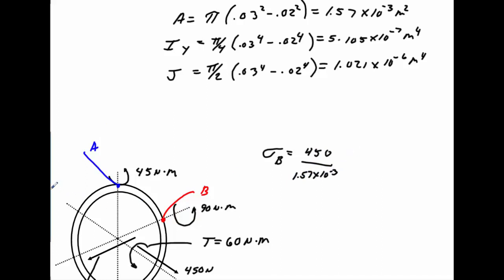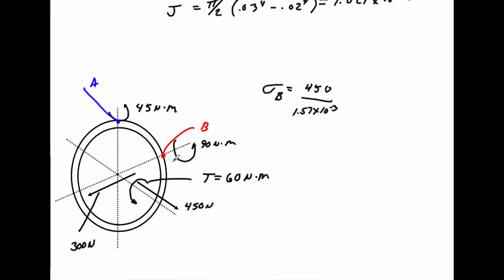And now the moment, you notice here that the moment right here is causing compression around this axis, so we will make that negative. And then the distance, the moment arm from here to here, being the C value, we're doing MC over I, would equal 0.03.